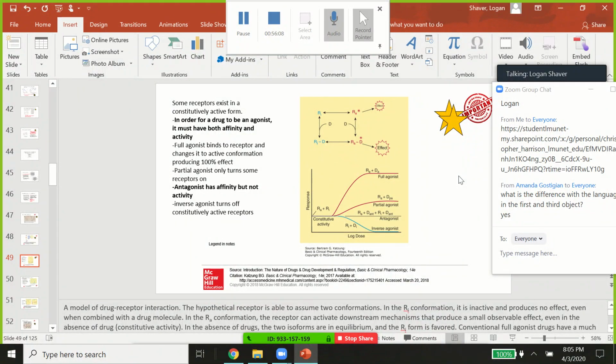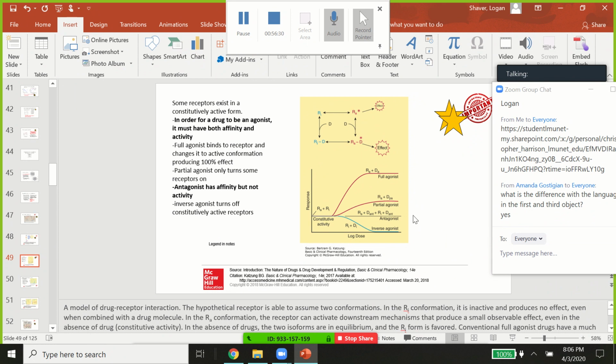And since it's a partial agonist, you're having less of a response altogether, and therefore you're going to have a smaller Emax, even though it's still activating the same exact pathway, and it's an agonist. It's just a lot weaker of an agonist, so your Emax is going to be lower.